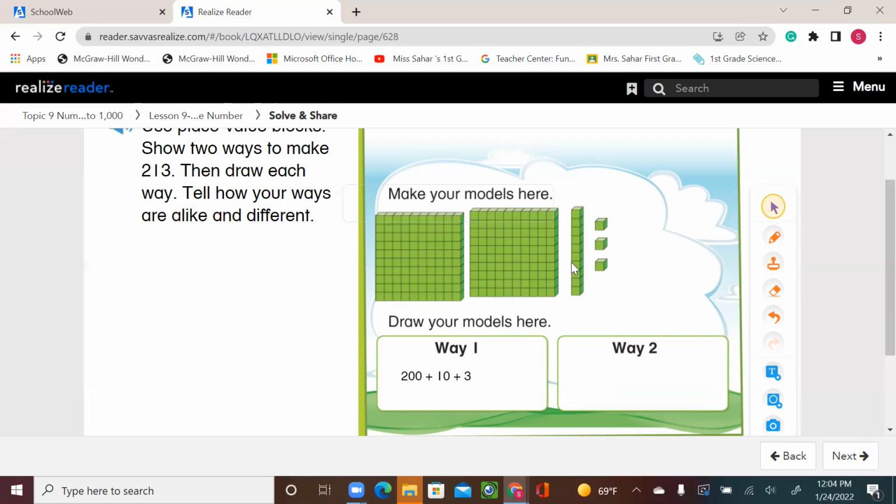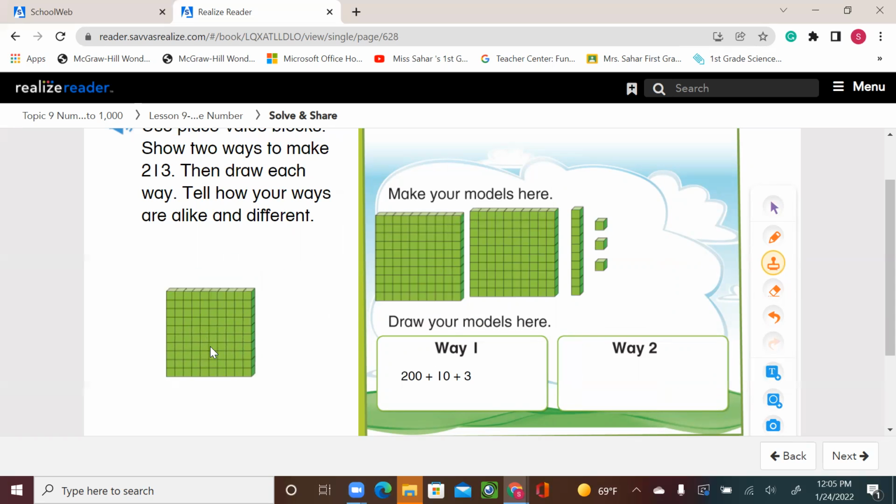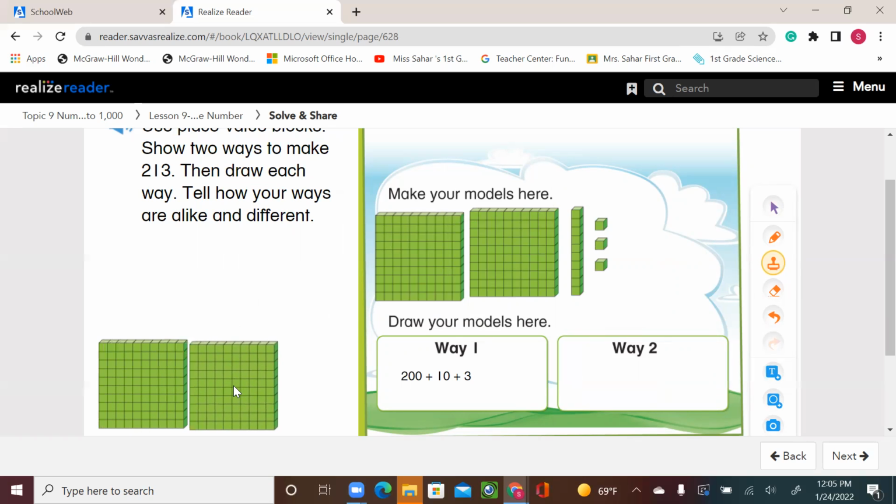Second way, I can take the 10s and change it to ones. So I'm going to have still 200. I'm going to put it here. This is the second way. So we still have 200.